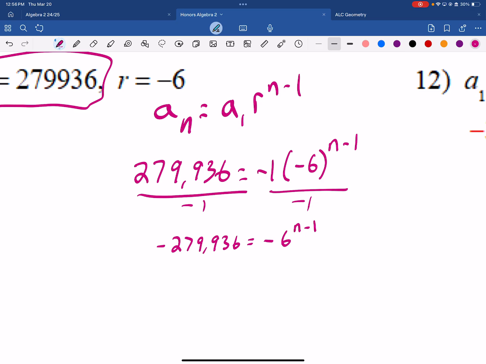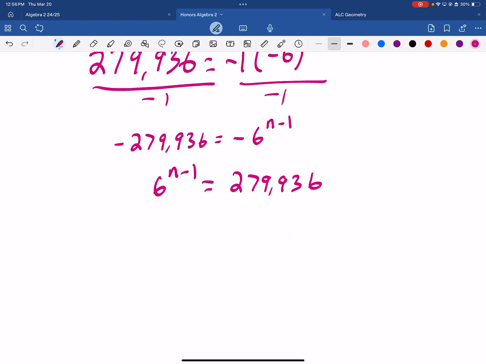So I've got something that's in exponential form. I've got another negative sitting there. Anytime you have something that's in exponential form, you want it to be positive. So we're just going to have 6 to the n minus 1 equals 279,936. I just flipped it around because that's the way you're used to writing it.